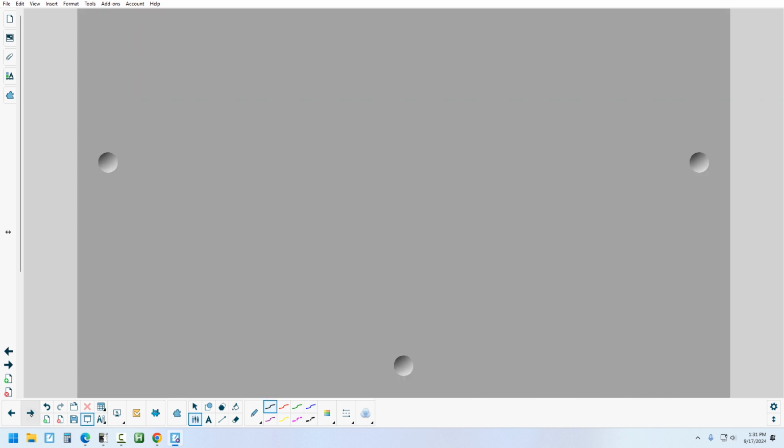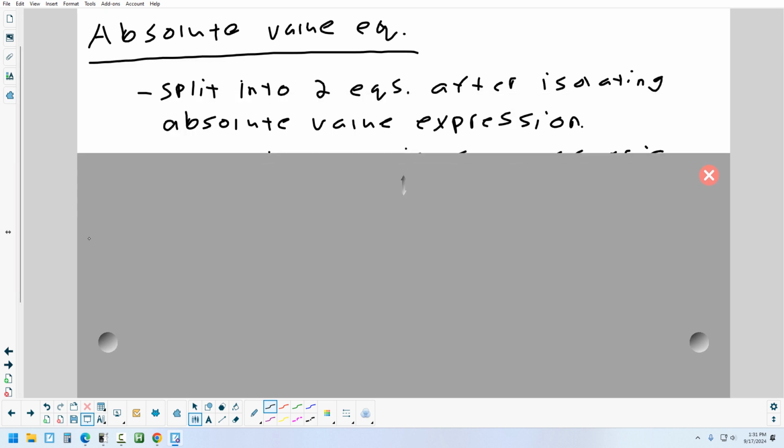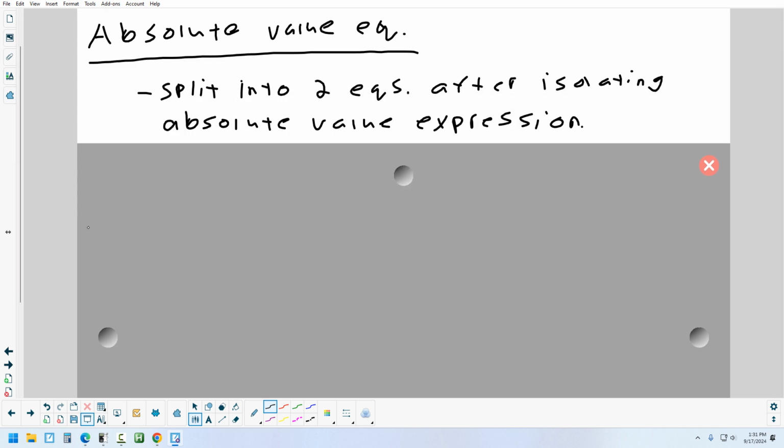All right, so one type of problem that will come up that has a linear equation is absolute value. To solve an absolute value equation, it's probably something you did in Algebra 1, might be a little rusty, so we'll talk about it.